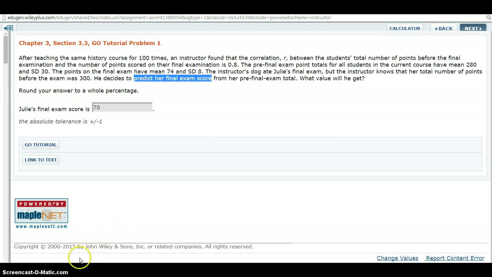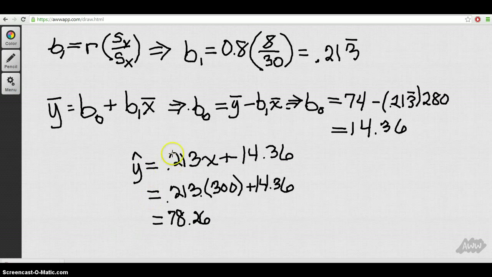Now in this case, I've tried to chicken scratch it out beforehand. So this first formula we're using is from your book around example 3.10. B1 is the slope of the regression line, R is the correlation coefficient, and these are the standard deviations.